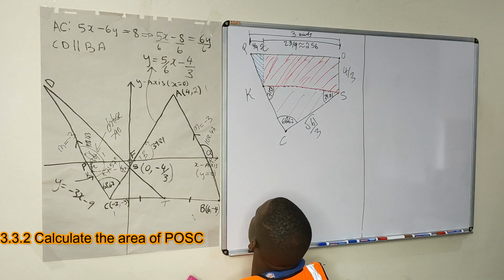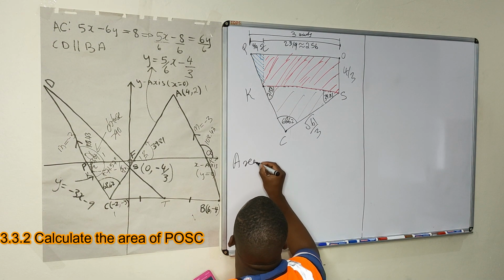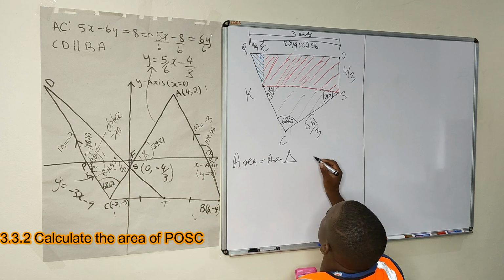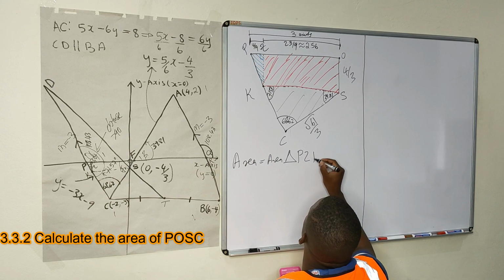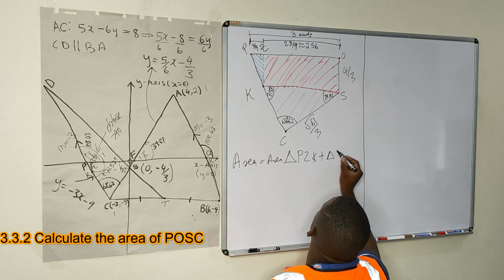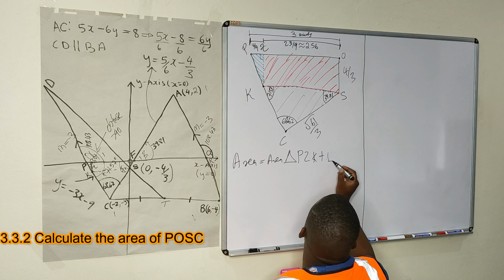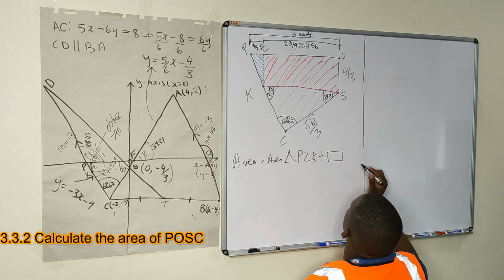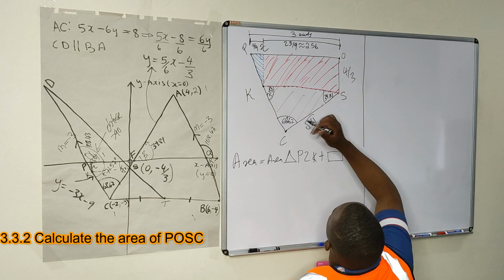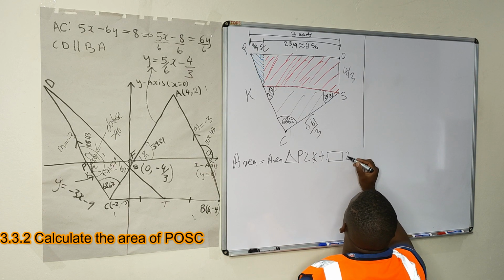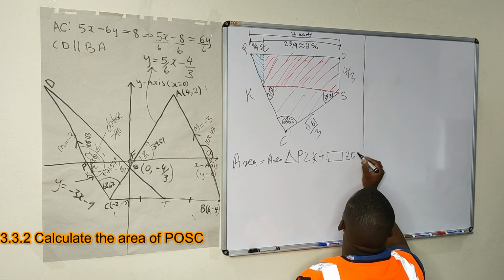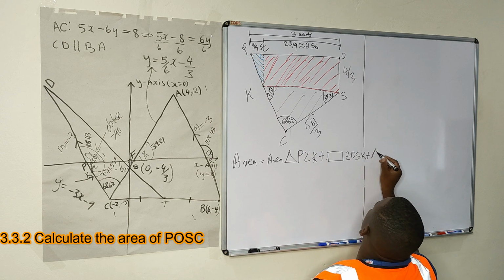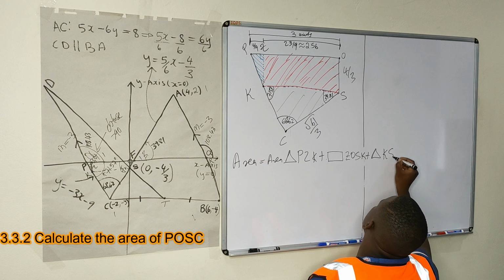So what do we say? We say, okay, the area of this shape will be the area of triangle PZK, plus the area of the rectangle ZOSK, plus the area of triangle KSC.